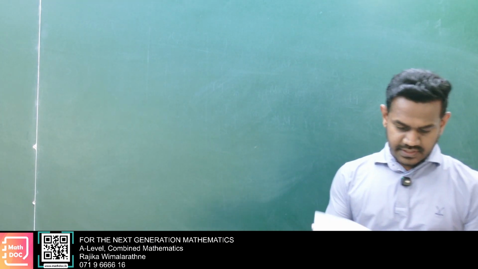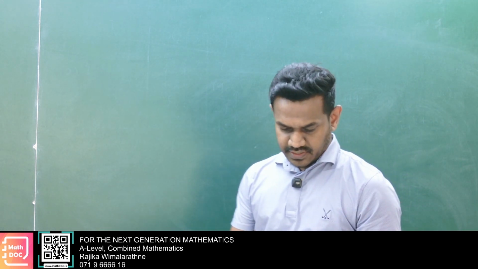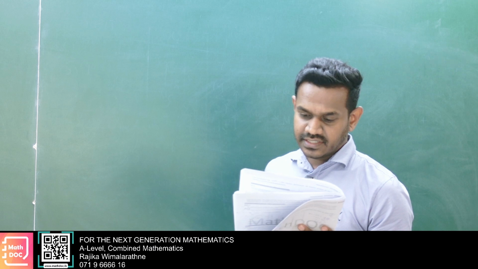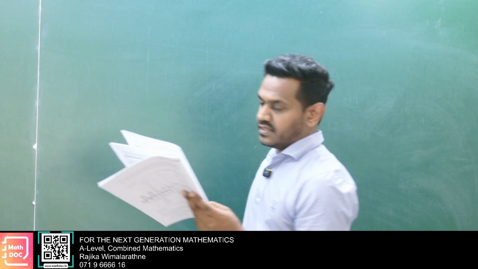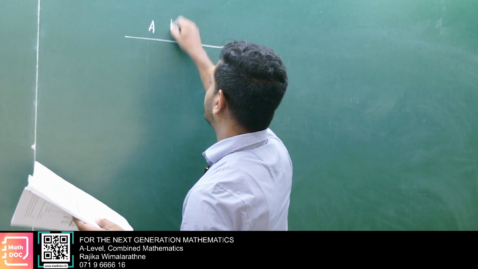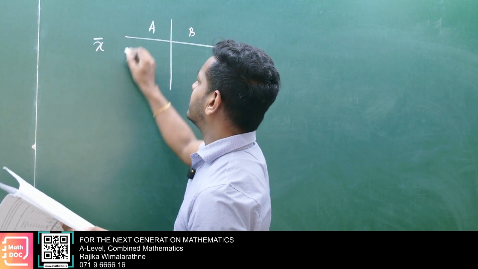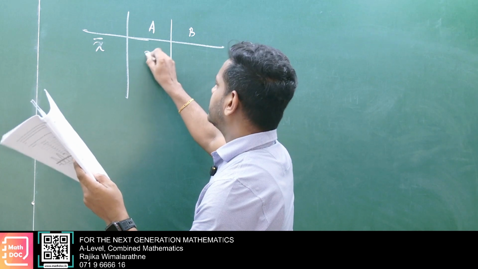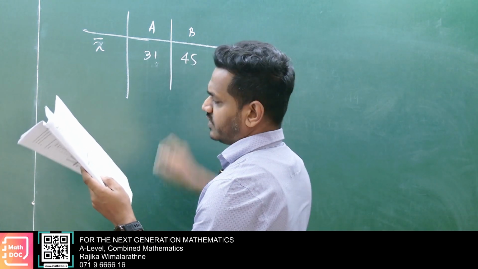So the mean marks of school A and B test given their student are 31 and 45 respectively. Then here A, B, mean 31, 45.